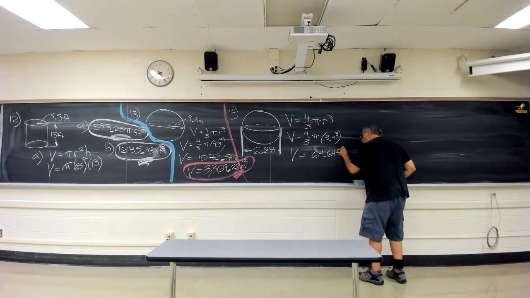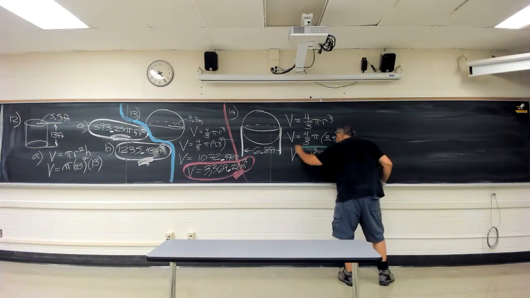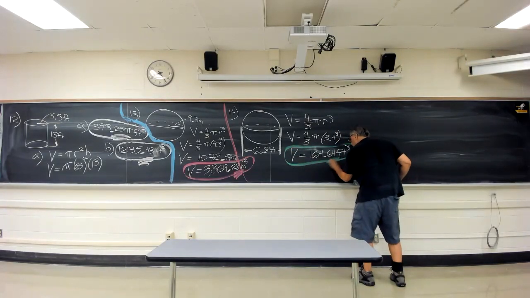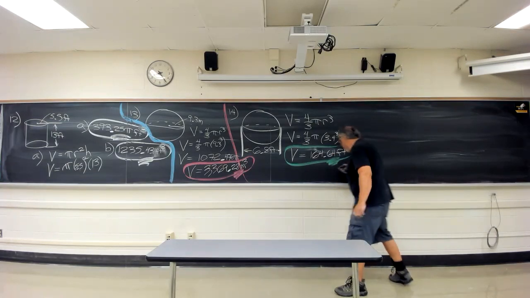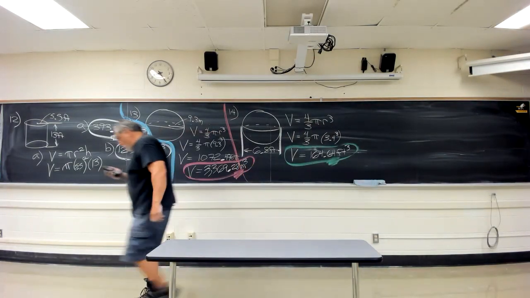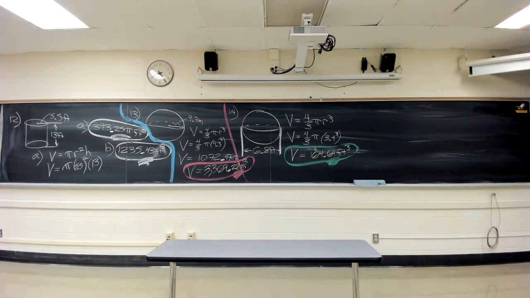Feet cubed. Let's just check this. It's easy. You're doing this live. 164.64 at the end of the day on that.